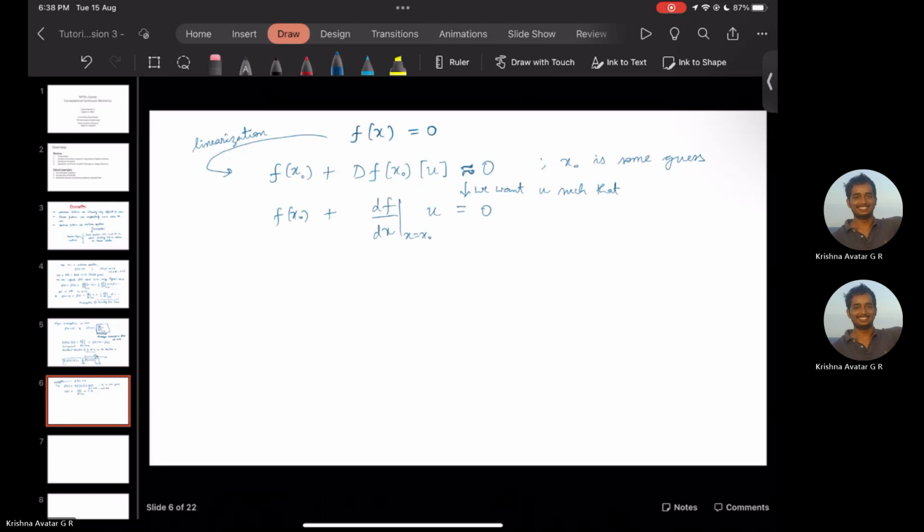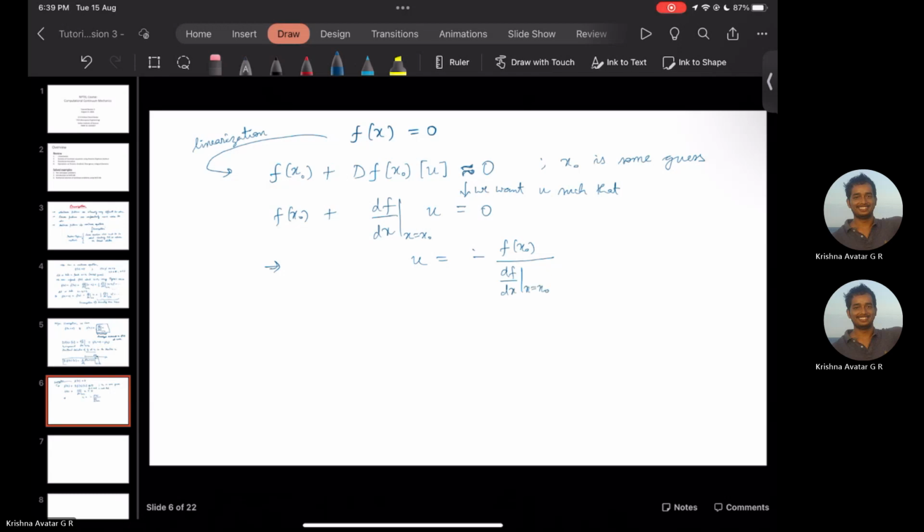But it won't happen in just one step. Theoretically, we need to do it in multiple steps. So this implies that u is equal to, transposing the quantities to the other side, minus f of x naught divided by df by dx at x naught.